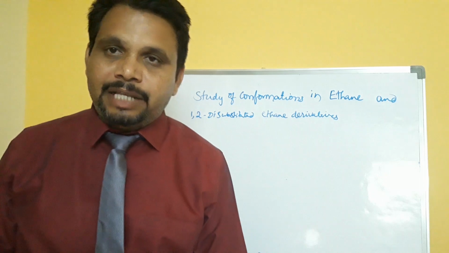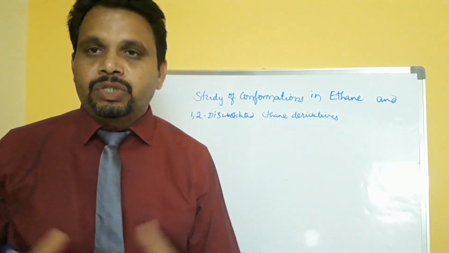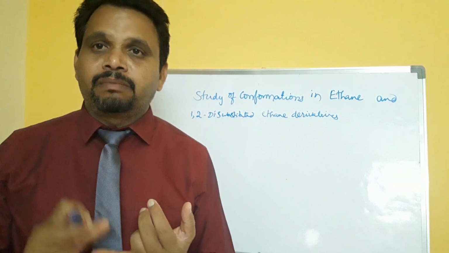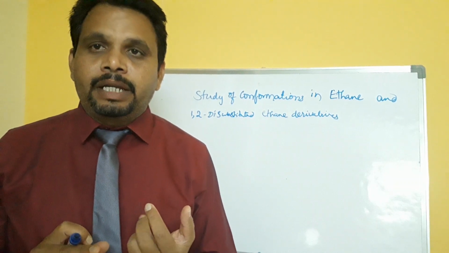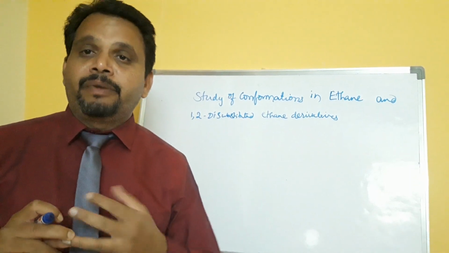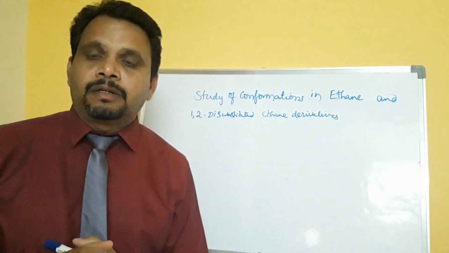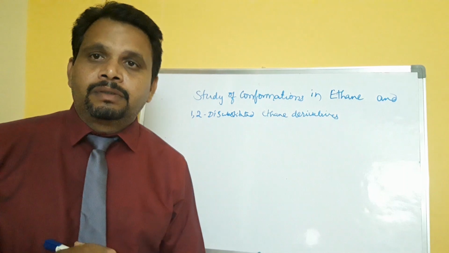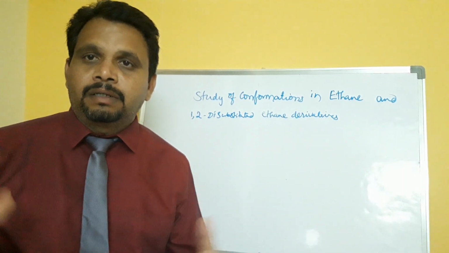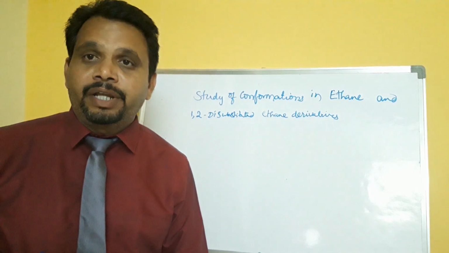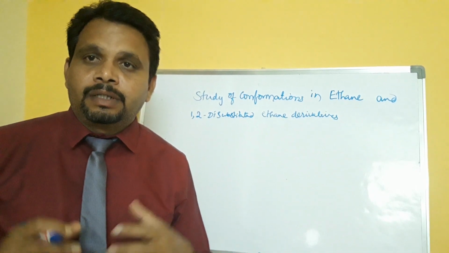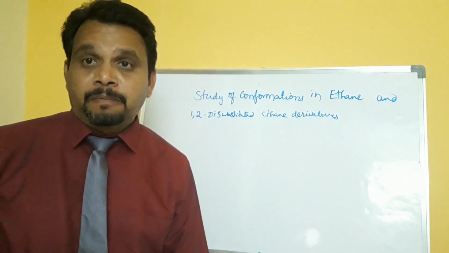Those are eclipsed strain or torsional strain, also known as Pitzer strain, and van der Waals interactions, which may be attractions or repulsions, dipole-dipole interactions, intramolecular hydrogen bonding, hyperconjugation, and geminal repulsions.